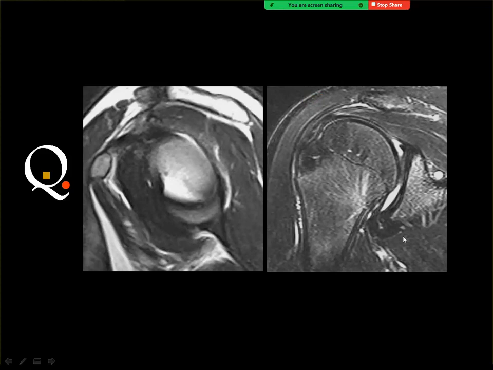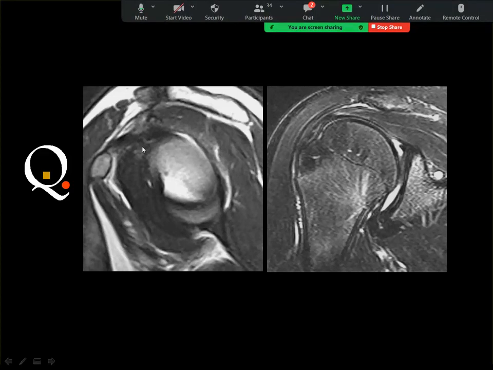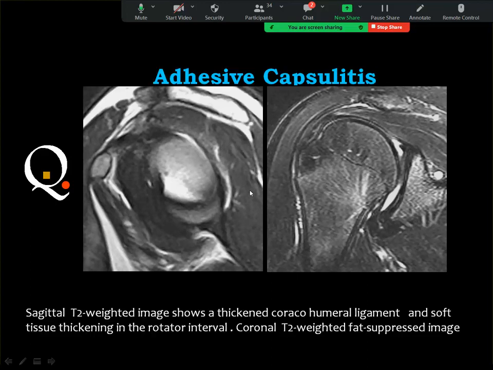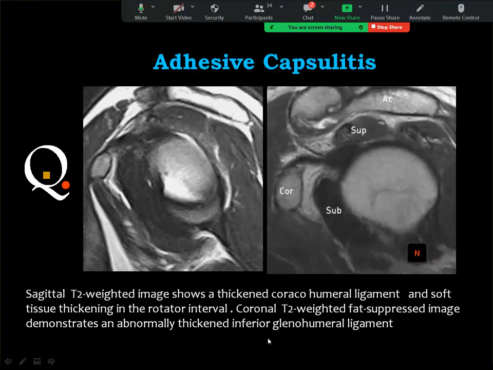And another finding is that the coracohumeral ligament is markedly thickened with obliteration of the fat in the rotator interval. And these findings are diagnostic of adhesive capsulitis or frozen shoulder.